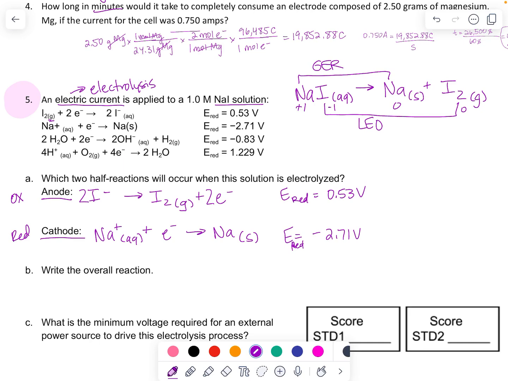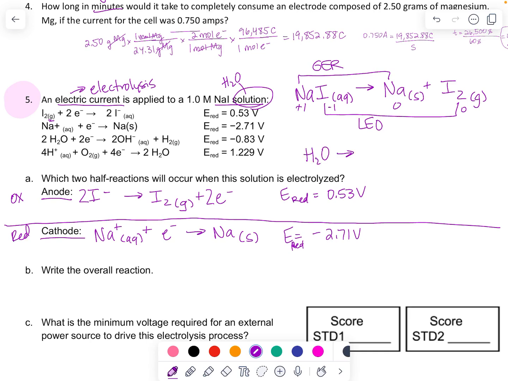So when we're trying to decide which thing is going to occur at the anode and the cathode, if this was molten, this would be it. But because it's happening in solution, that means that water is present. And when it undergoes electrolysis, our water will form hydrogen gas and oxygen gas. I need to think about what could happen at those electrodes as well.